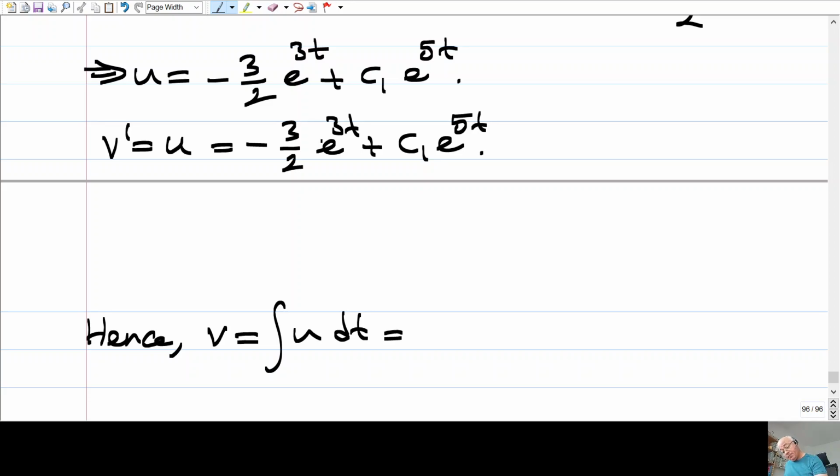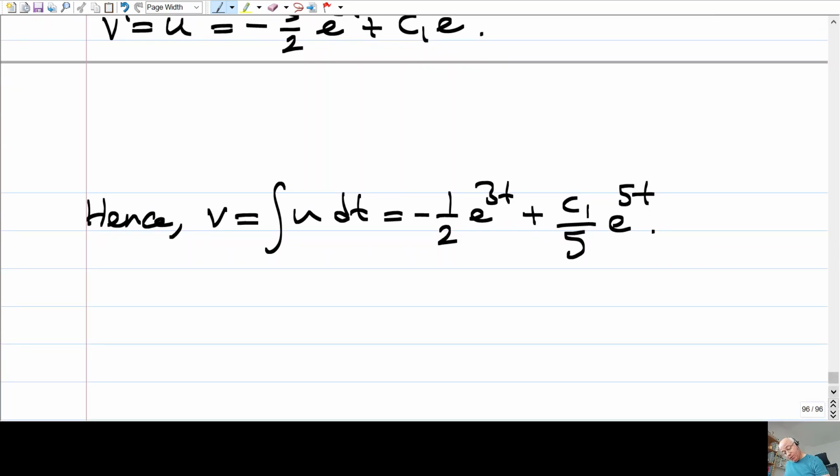So it is just minus 1 over 2 e to the power 3t plus c1 over 5 e to the power 5t, plus maybe a second integrating constant.